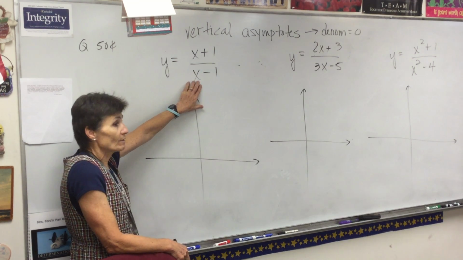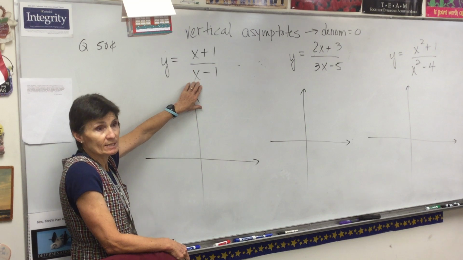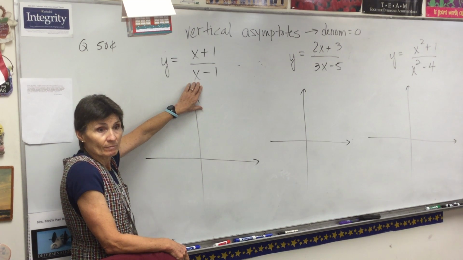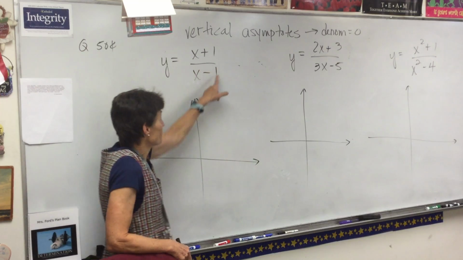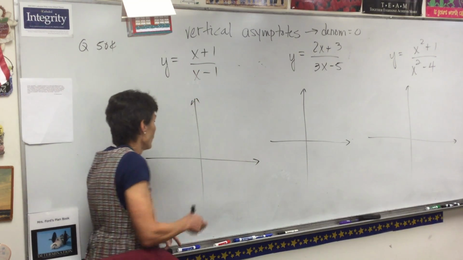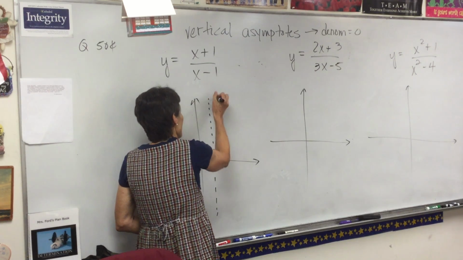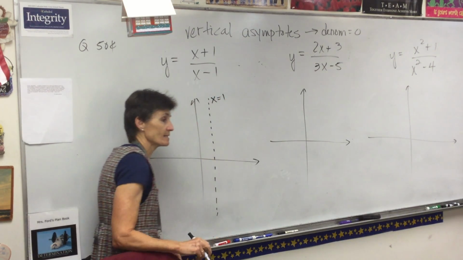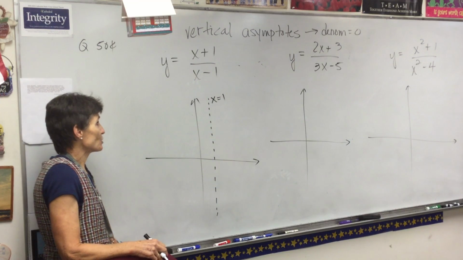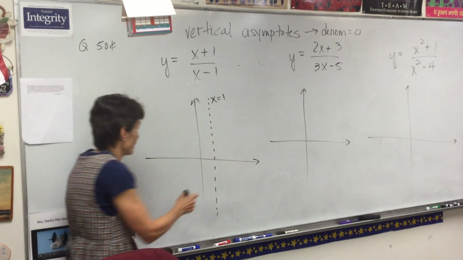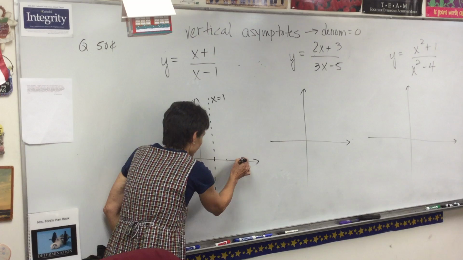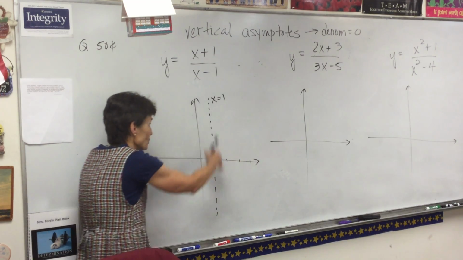So, where would the vertical asymptote be for this guy? What would make this 0? Positive 1. So you are going to draw a dashed line and label it 1. X equals 1. That is your vertical asymptote. Right there where x is 1.